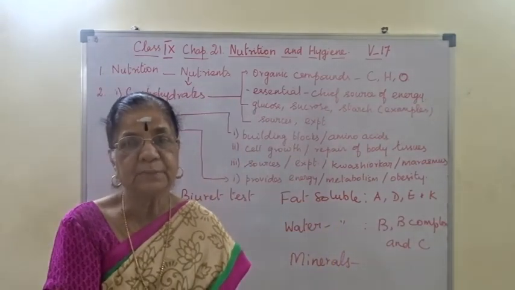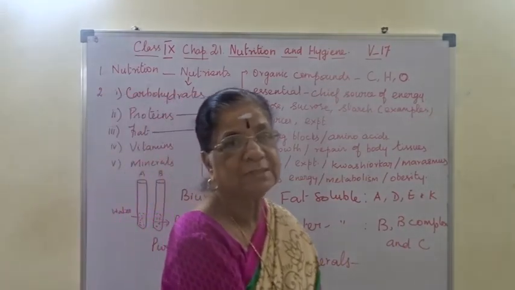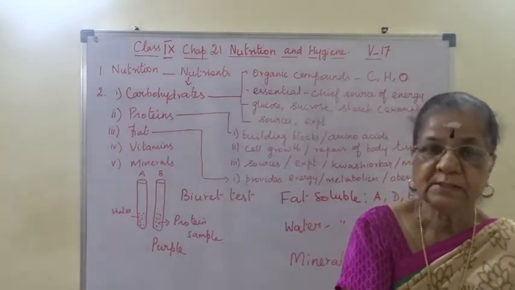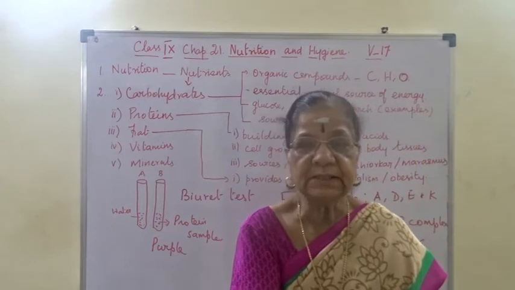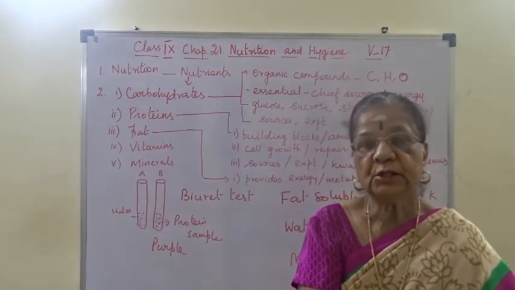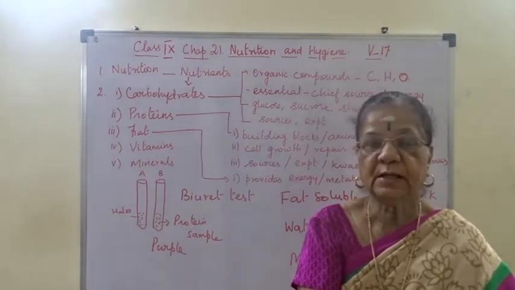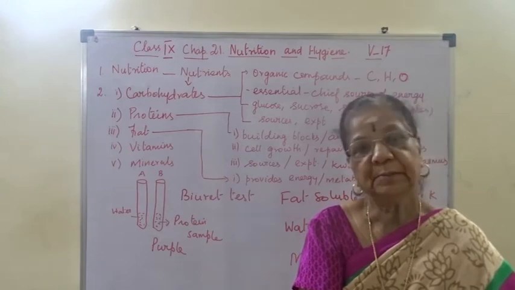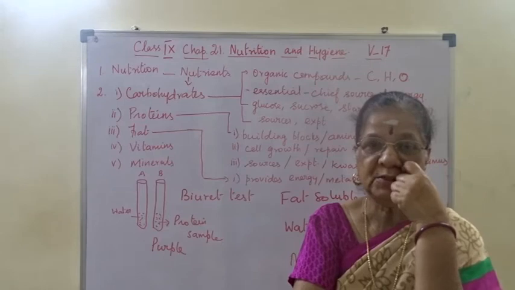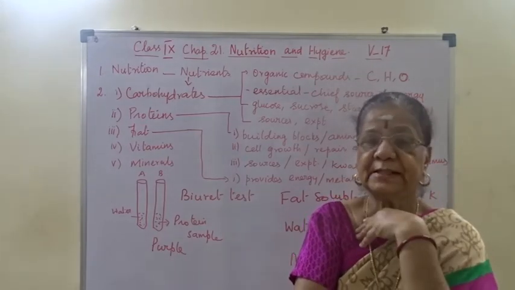Green plants can prepare their own food by photosynthesis. Some non-green plants and all animals are called heterotrophs because they are not able to prepare their own food. They depend on other, normally plants. I hope you understand. So we say nutrition as autotrophs and heterotrophs.